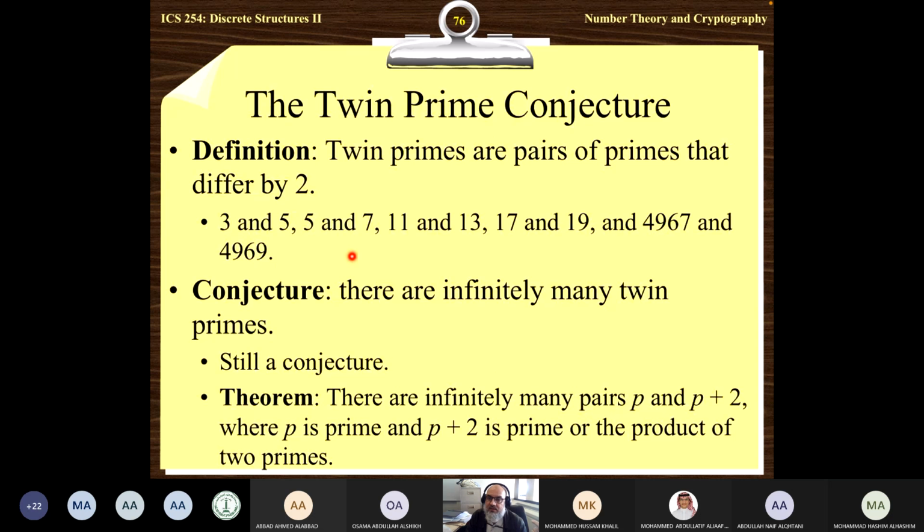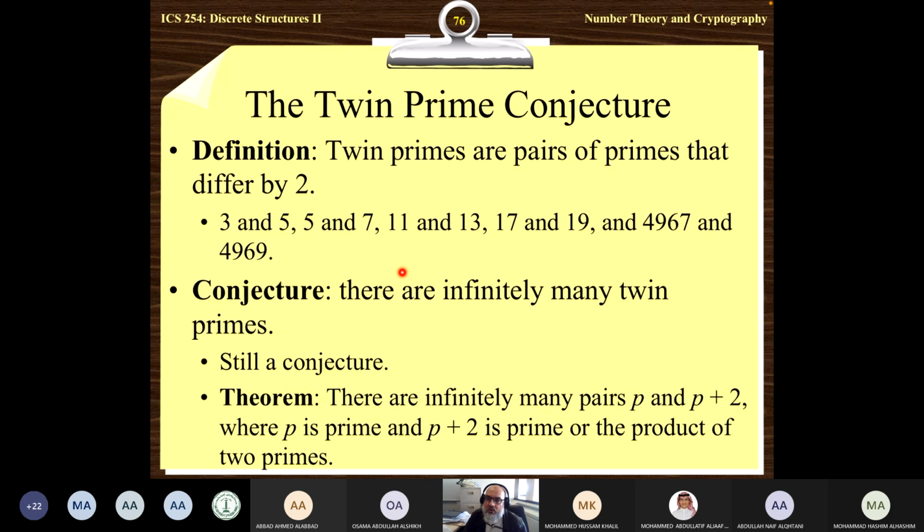The conjecture says there are infinitely many twin primes.